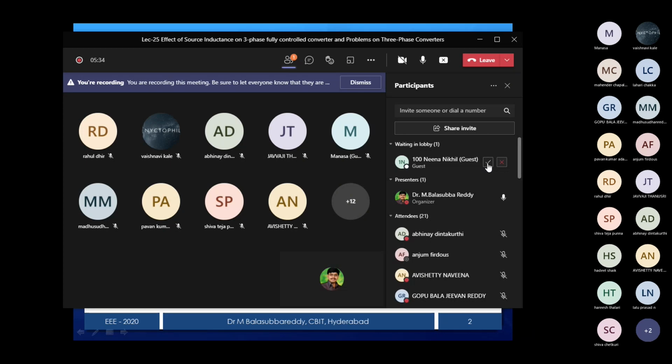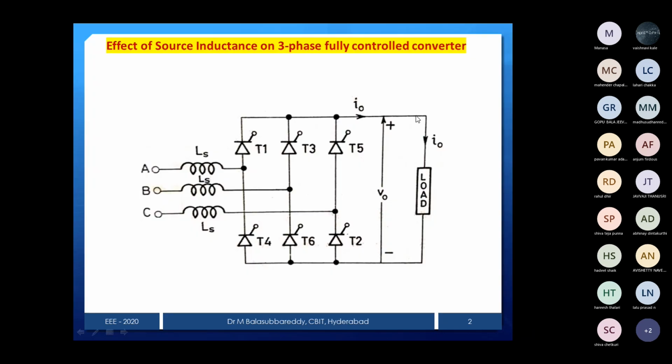If you are not considering the source effect, then whatever output you are getting is not the exact value. That is why, when we do theoretical and practical calculations in a lab, there are slight variations because of these conditions.